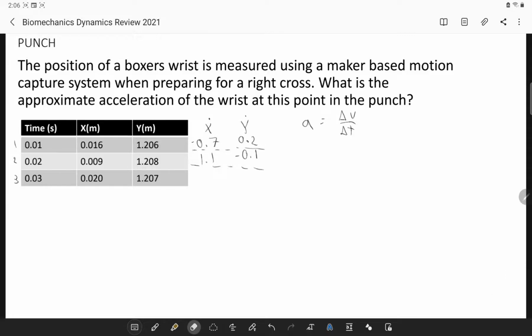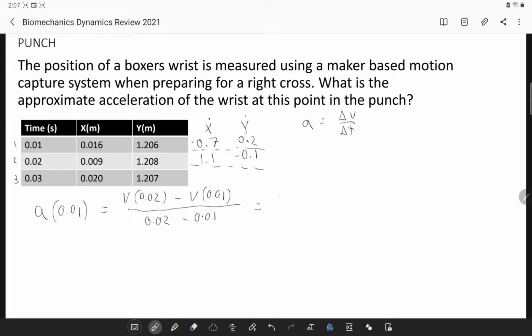We're going to say our acceleration at time 0.1 is equal to the velocity at 0.02 minus the velocity at 0.01 over the time at 0.02, which is just 0.02 minus 0.01, which is going to have that 0.01 denominator again.